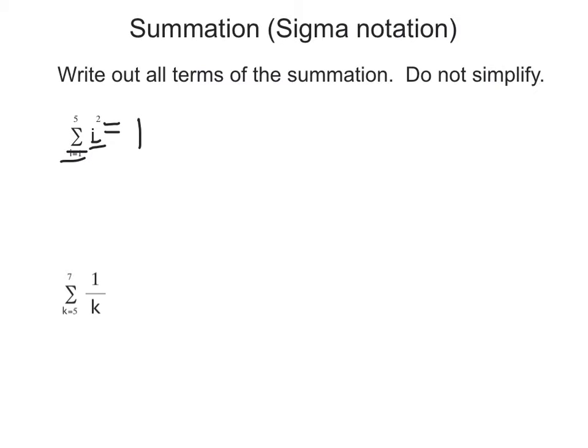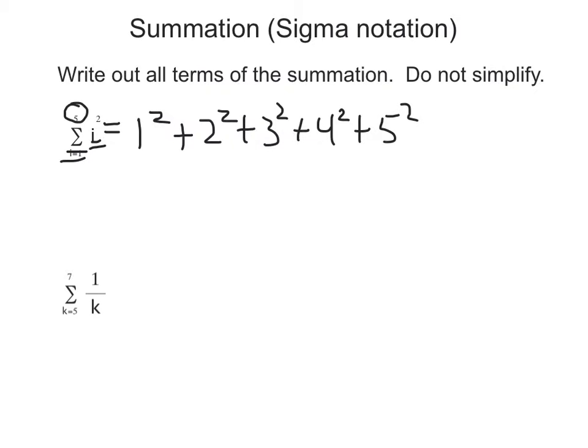The first term would be 1 squared. Second term, we continue on up: 1, 2, 3, 4, and then 5 would be our last term. So 1 squared plus 2 squared plus 3 squared plus 4 squared plus 5 squared. And that's what this summation represents.